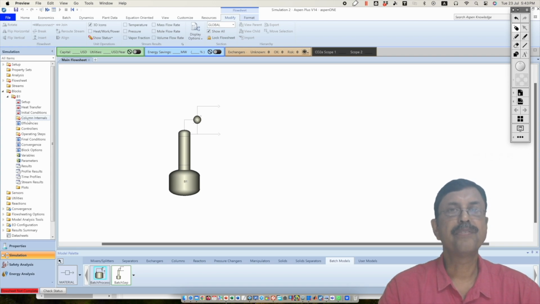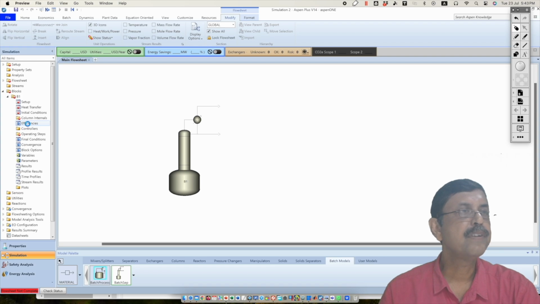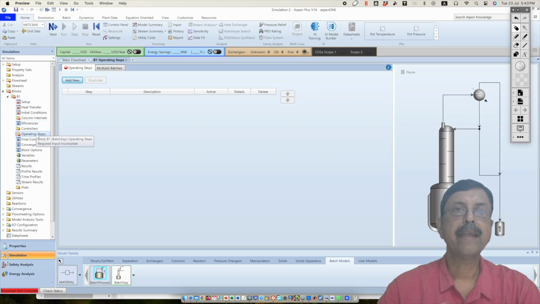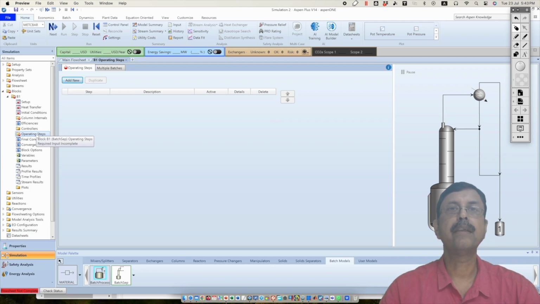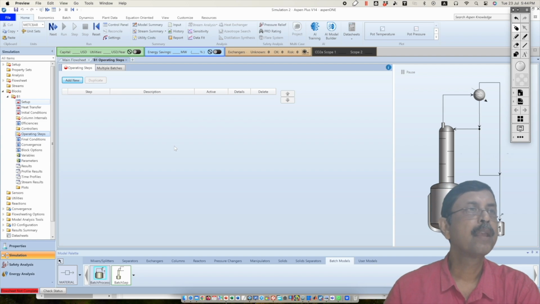That means the number of stages, the height and diameter of the column, etc. And then the efficiency and operating steps. As the batch separation process progresses, how the operating steps need to be specified, that also we have to learn over here. First, let us go to the setup.